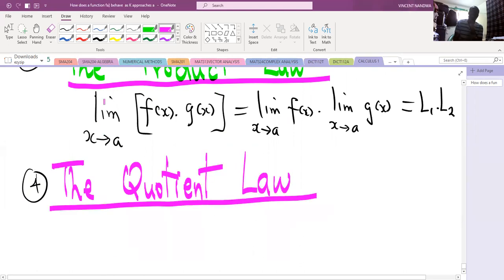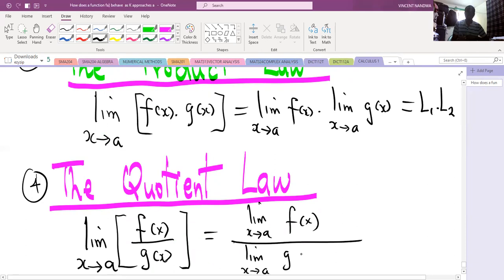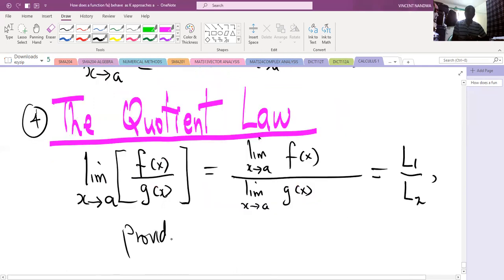The quotient law states that the limit as x approaches a of the quotient of two functions f of x over g of x is the same as the limit as x approaches a of f of x over the limit as x approaches a of g of x, which is the same as L1 over L2, provided that L2, which is the limit of the function g of x, is not 0.